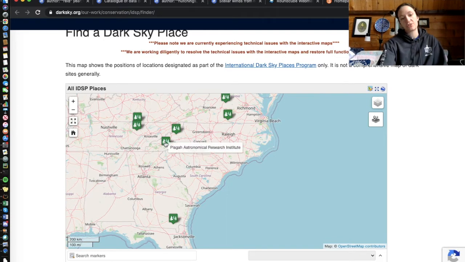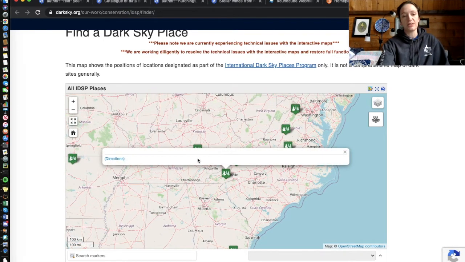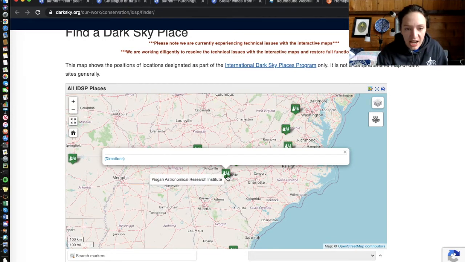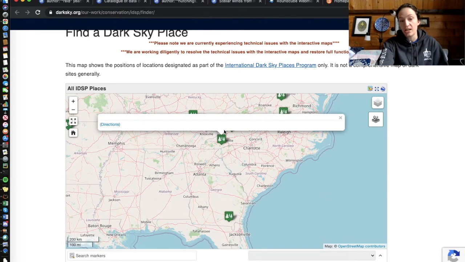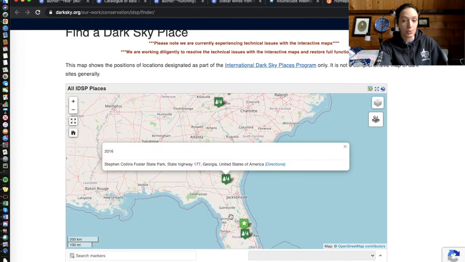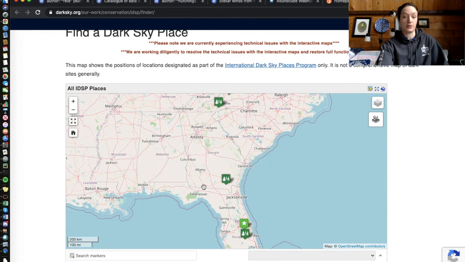So the closest dark sky park to me would probably be this one. And if you hover over it, it says the name, and this one is Pisgah Astronomical Research Institute. If you were in Georgia, in Atlanta, say, it could either be this one or the one in South Georgia, the Stephen Collins Foster State Park.